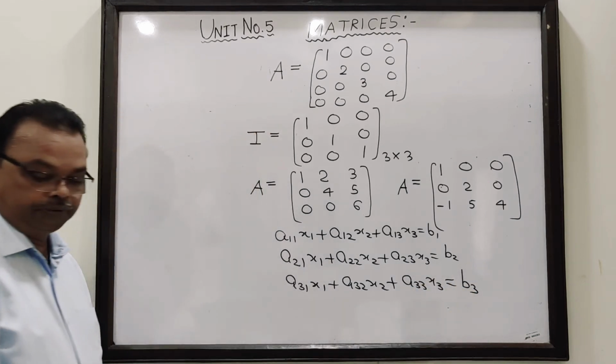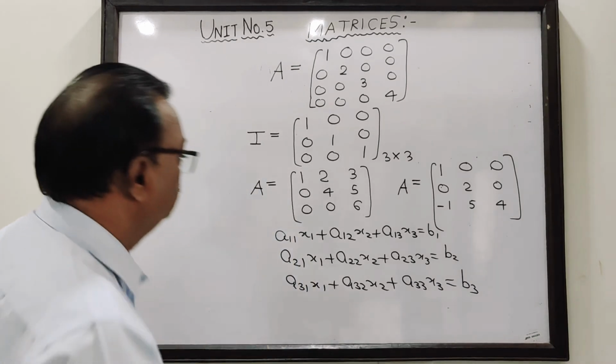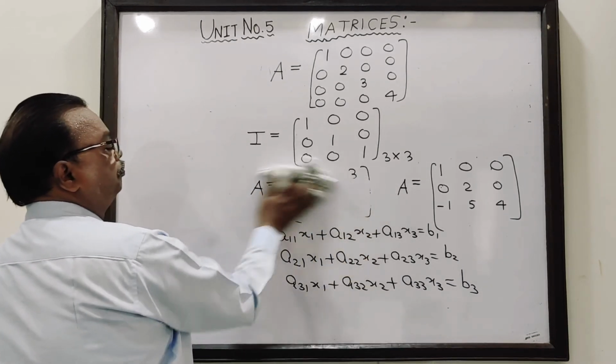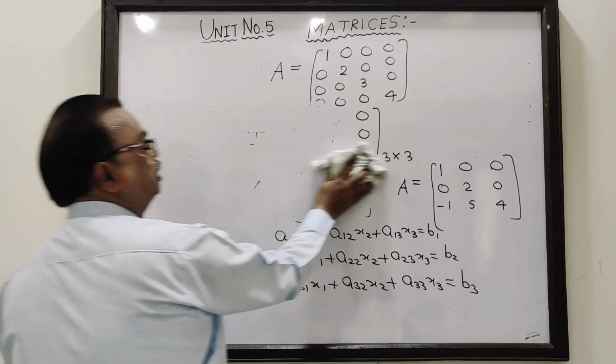So this is the system of 3 equations in 3 unknowns. Then how to obtain values for x1, x2, x3?